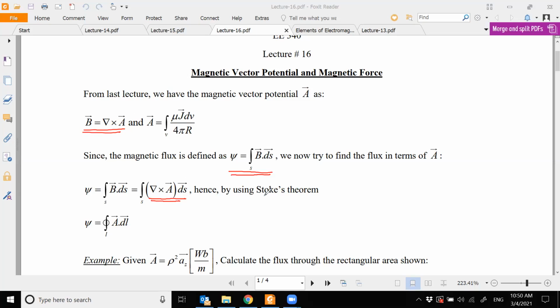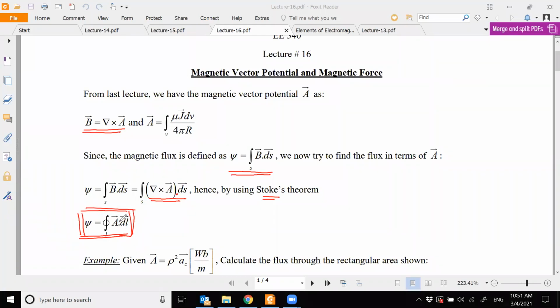Now, if you apply Stokes' theorem, to convert the surface integration to line integration, we know that the surface integration of del cross any vector field dot ds is equal to the closed line integral of the vector field dot dl. And therefore, your flux is nothing but the closed line integral of the magnetic vector potential.